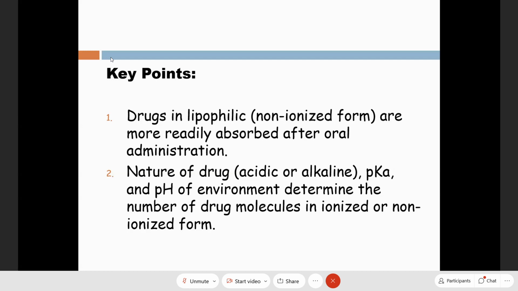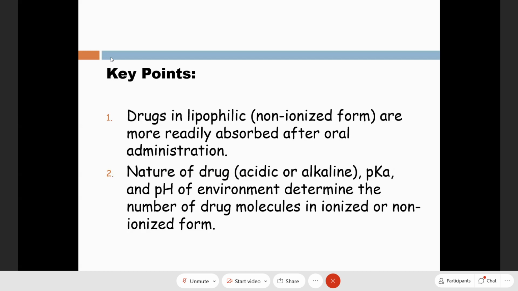It need not be absorbed. There is no absorption phase after intravenous administration. But with drugs given orally or intramuscularly, there is a phase of absorption, followed by distribution, right?